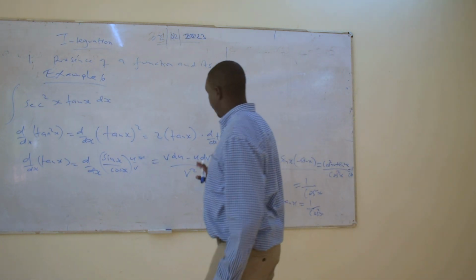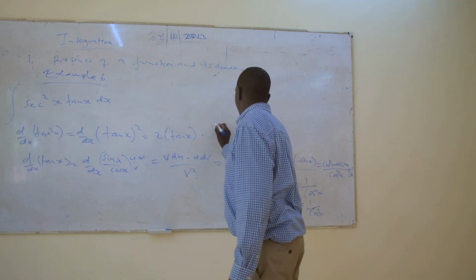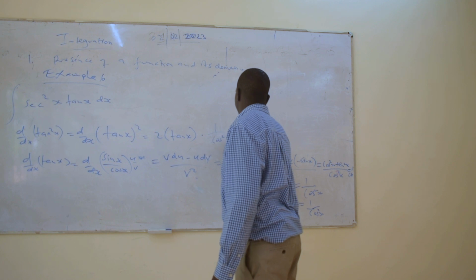So we can substitute here 1 over cos squared x.